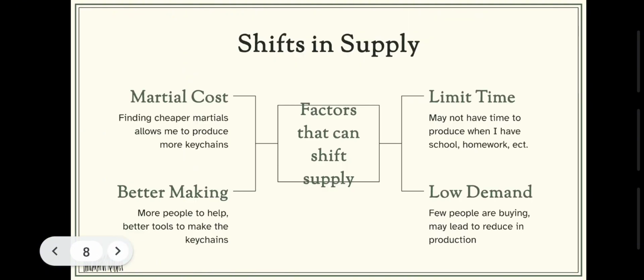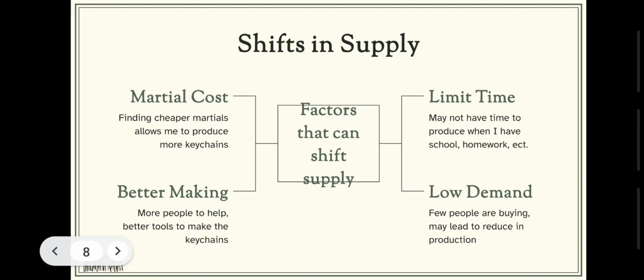And a factor that could shift supply is material costs. So buying cheaper materials will allow me to produce a lot more keychains, and better production. So basically having more people to help me, or having better tools to make a lot more keychains.